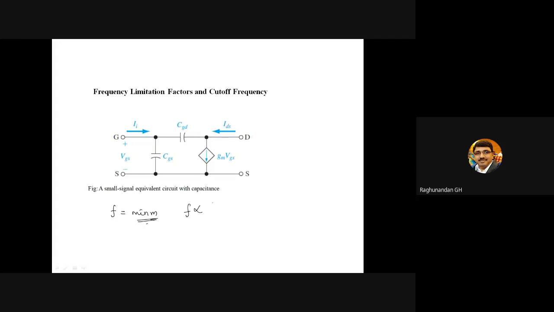You know, f is inversely proportional to C. When f is minimum, what happens to C? Maximum. The capacitor will become maximum. So when the capacitor becomes maximum, what will come into picture? Do you know this term XC?